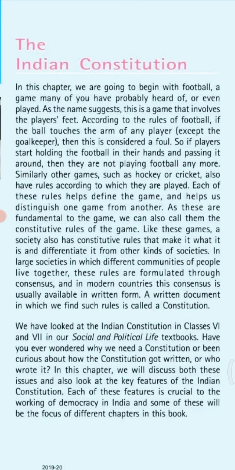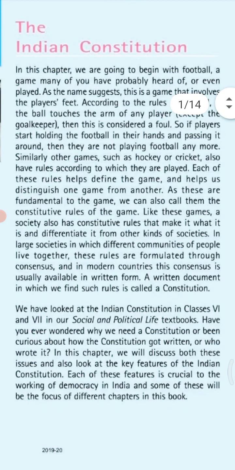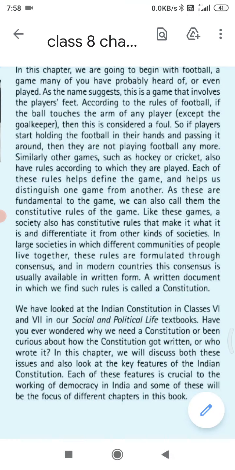In modern countries, this consensus is usually available in written form. A written document in which we find such rules is called a constitution. So I think this is clear to you all that all the rules and regulations of our country are written in the constitution, according to which our country is governed.